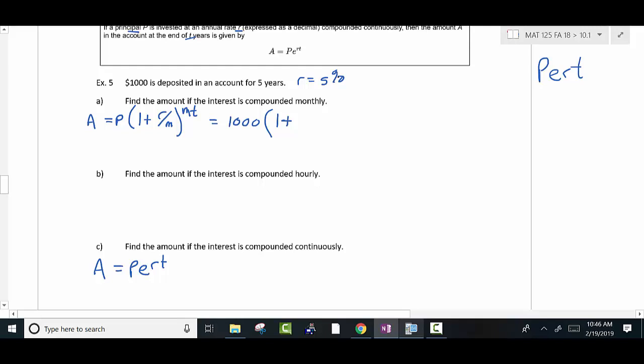Just add that into the problem. So then R would be 0.05. Compounding monthly would be 12, then we would have to the 12 times 5, since it's 5 years. We'll work out each one of these as we go.